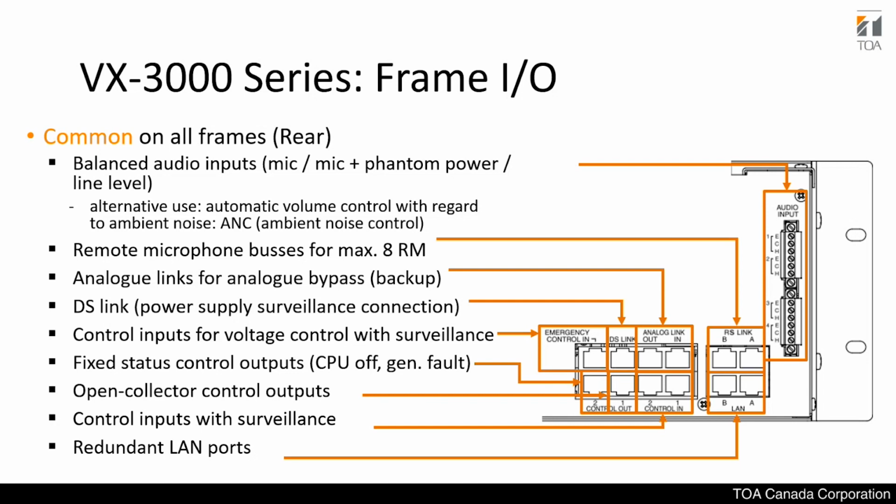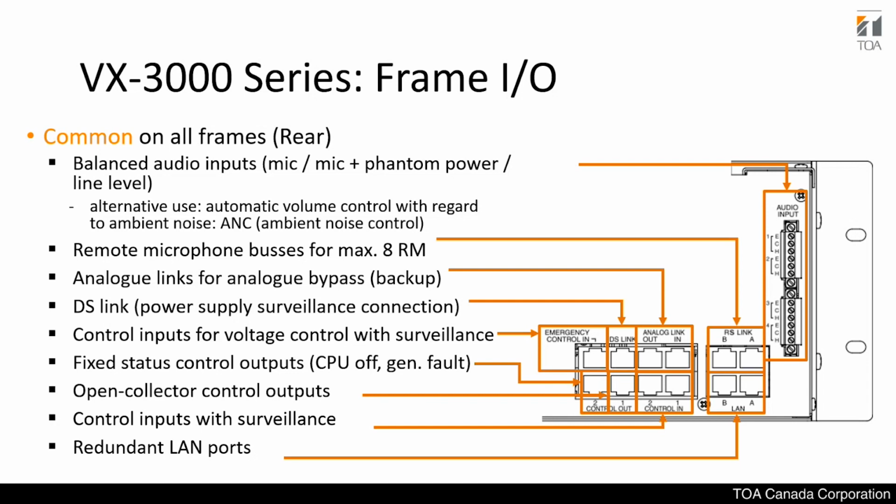There's also fixed control outputs that are dedicated for CPU status, general faults, and the status of each individual line. You can configure that in the controller software. Open collector control outputs are also available on the VX3000. If you want to use that for any third-party device, there's also, for each individual frame, which I'll show you later on, actual dedicated relays for use for higher wattage and higher powered applications.